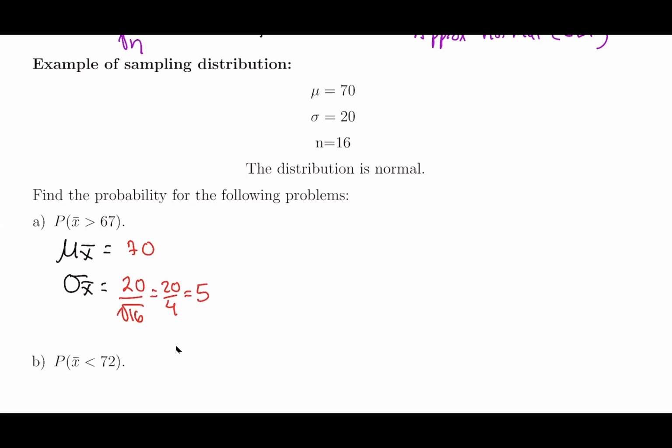All right, let's go ahead and draw this out. The middle should be mu of x bar, so that'd be 70. We want to find the probability that x bar is greater than 67, so 67 is slightly over here.